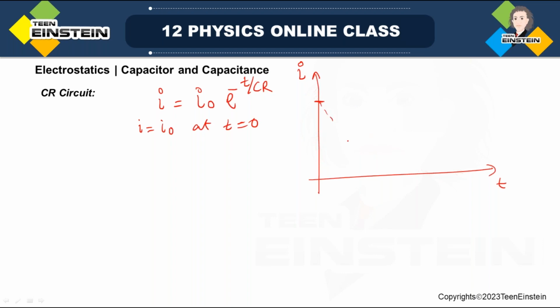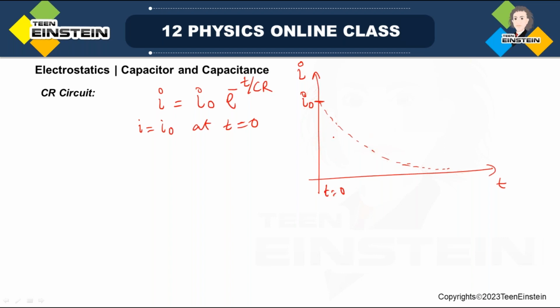The current decreases exponentially like this. This is the value I0, the initial value, at t equal to 0 here.